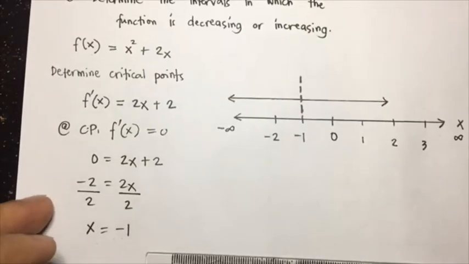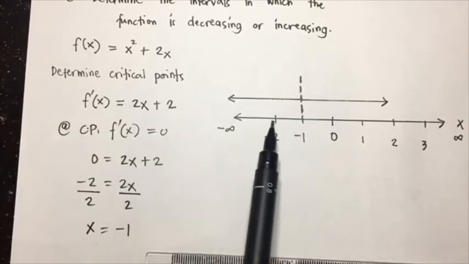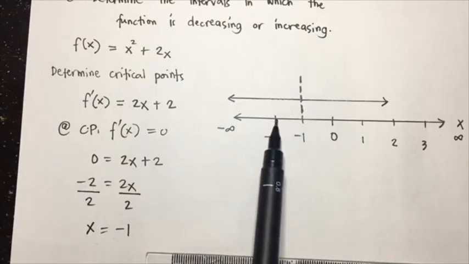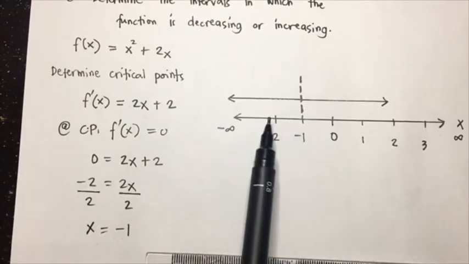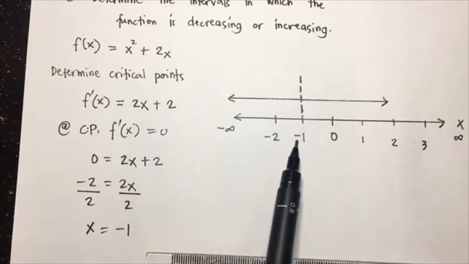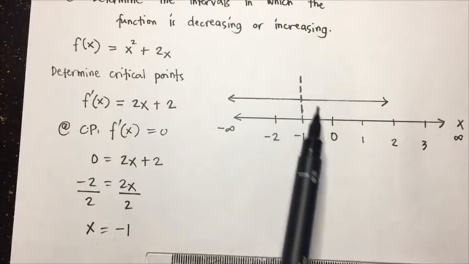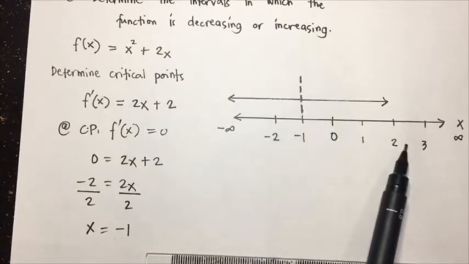So to do the first derivative test, all we need to do is substitute any value on the left side of negative 1, and on the right side of negative 1.